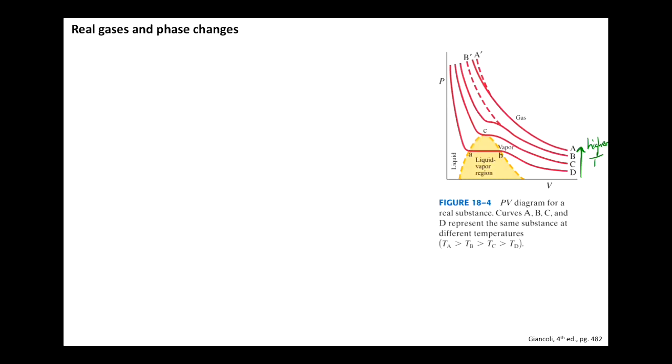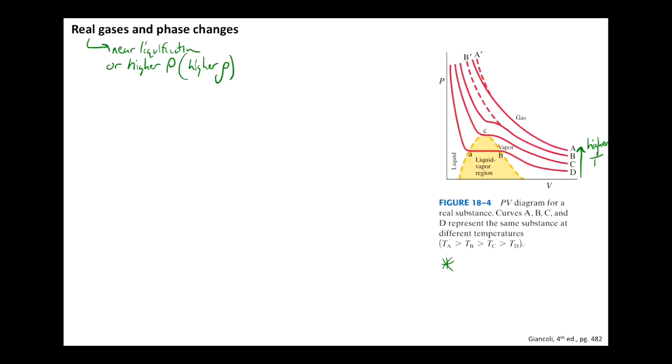So let me add here as well, since I said it but didn't write it down, real gases: this is near liquefaction or at higher pressure, which would give us higher density.